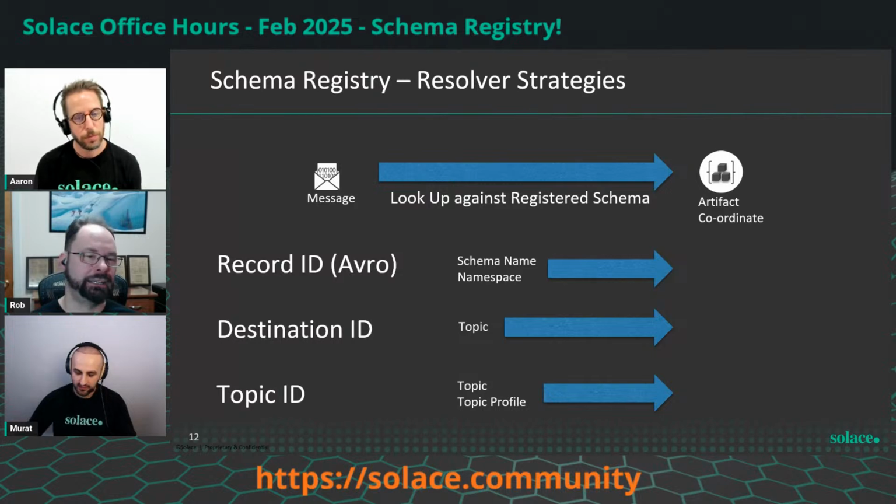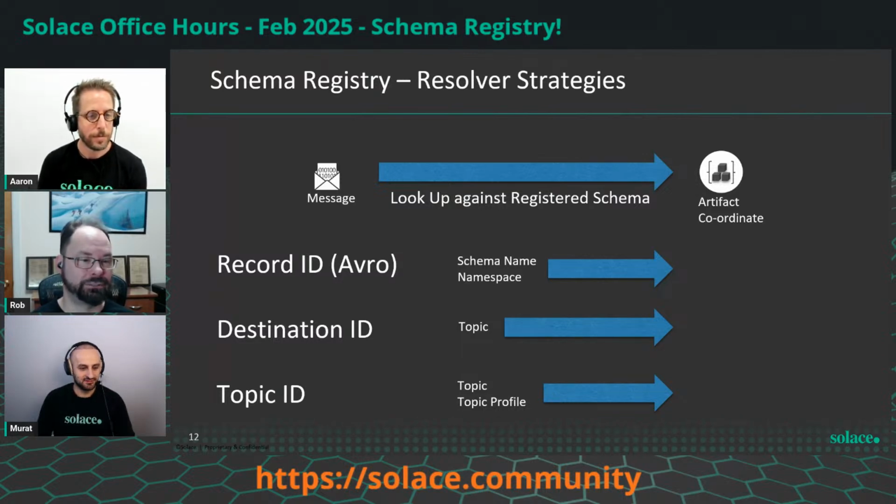So what we're taking is that destination ID and adding to it a topic profile so that you can match topics through a table, and then that provides you with your artifact coordinate as well as looking at the topic itself. That's cool. So, a topic profile. Yeah. So it's basically a mapping of, this kind of smart topic matches to this artifact profile.